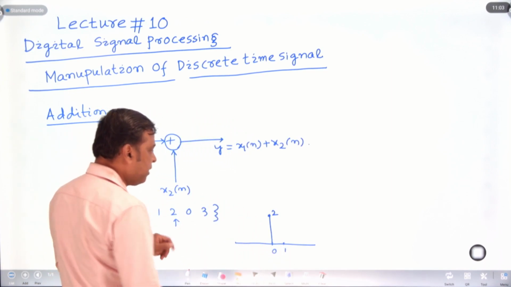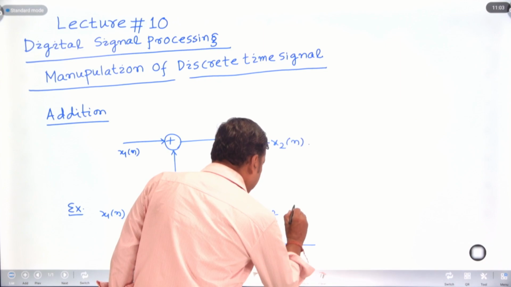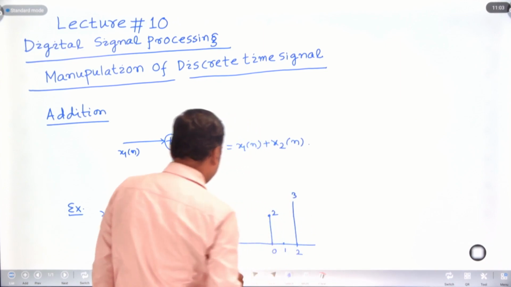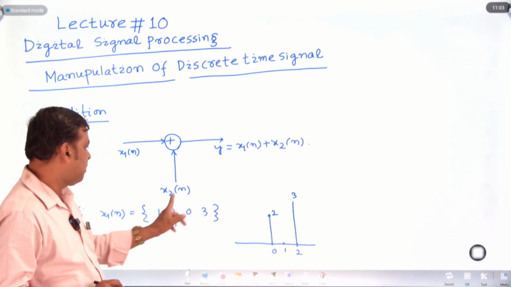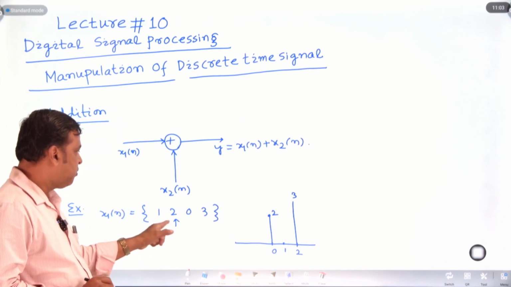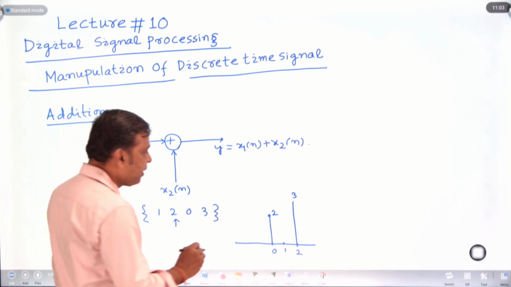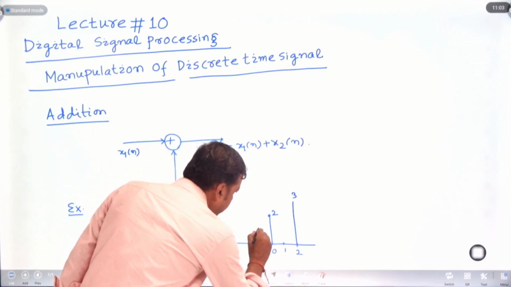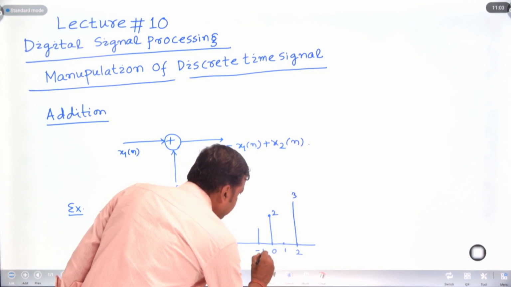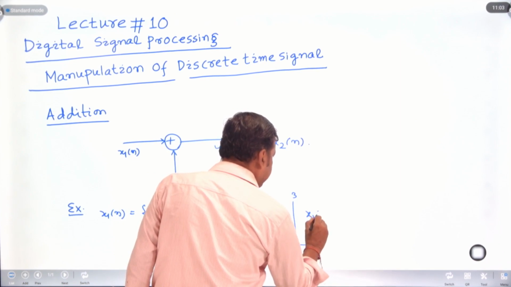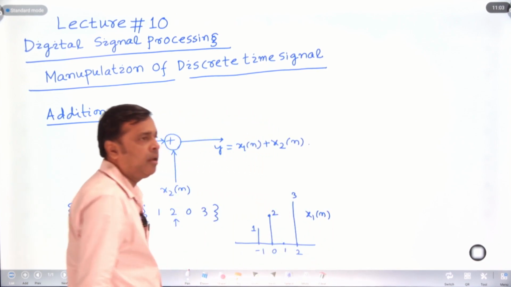For n equal to 2, x1 of 2 is 3. Similarly, on the left side, for n equal to minus 1, x1 of minus 1 is 1. This is the graphical representation of discrete signal x1 of n.